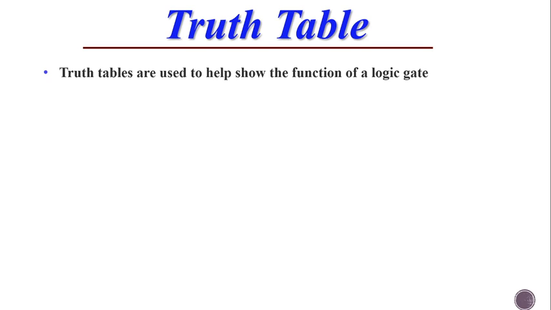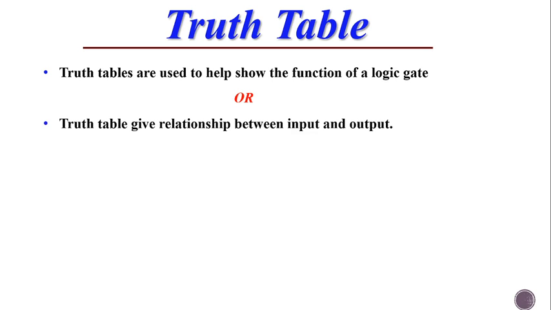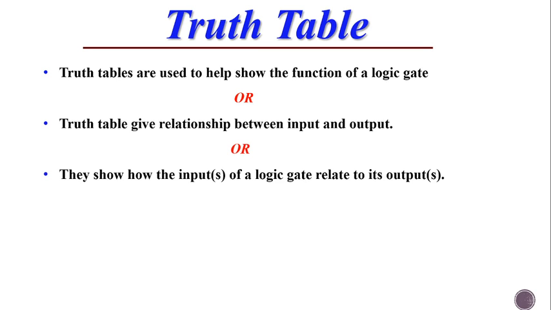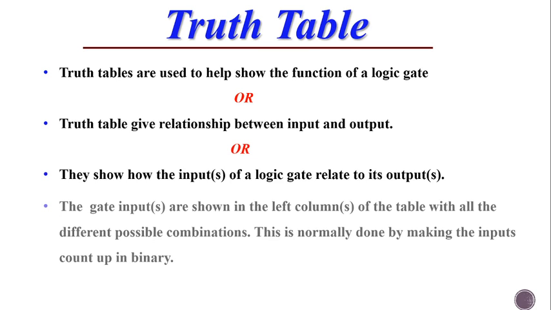Now the truth table related to a logic gate. Truth tables are used to help show the function of a logic gate. Or we can define the truth table as giving the relationship between the input and output, or as showing how the inputs of the logic gate relate to its outputs.